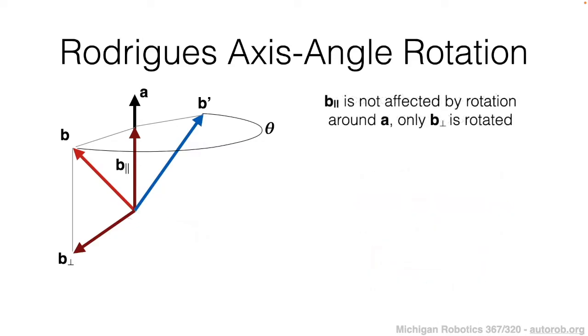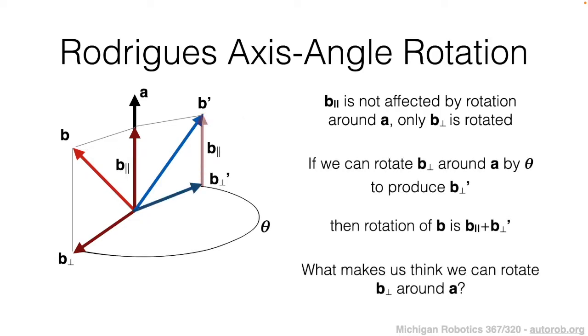So the first thing that we can think about is the fact that B parallel would not be affected at all by a rotation about the vector A, and that it's only the B orthogonal component that would be affected by a rotation around the vector A. Using this fact, if we were to rotate B orthogonal around the vector A by this angle theta, and then recompose the B parallel component with this rotated B orthogonal prime, we would arrive at our desired vector B prime.